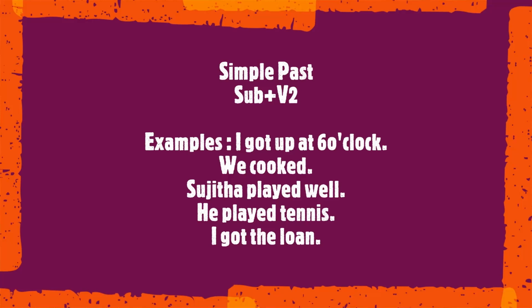We cooked a dish. Subject plus past form of the verb, V2. Sujita played well. Sujita is the subject, played is the second form of the verb, V2. He played tennis. They learned the language. I got the loan.